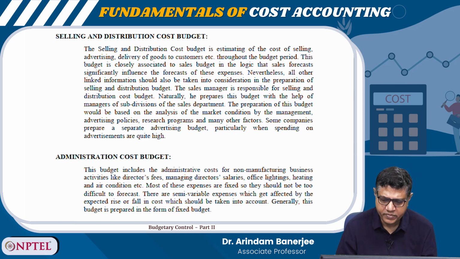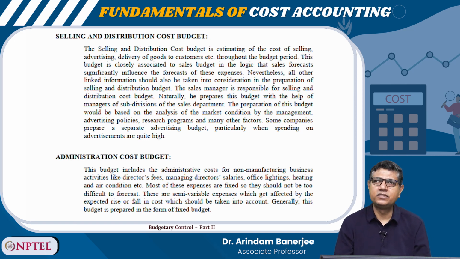For the administration cost budget, we need to employ an administrative manager and administrative staff. You need to maintain an office space, keep on supplying stationery, and you need some equipment, computers, etc. in the office. You need to maintain good quality internet.